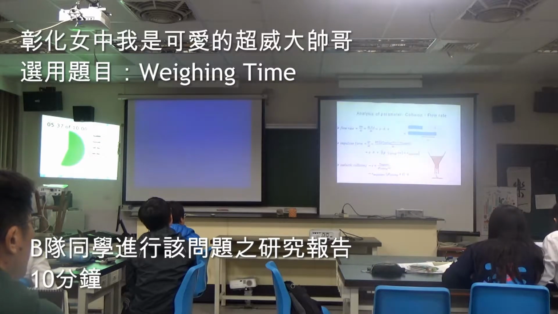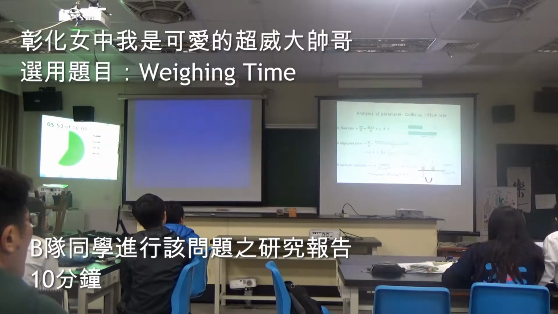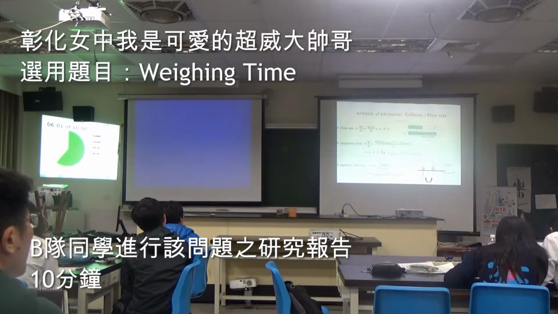And because of the elastic collision, we found that the velocity in the negative direction equals V in the negative direction over g times falling time plus V, and V is the velocity of falling.